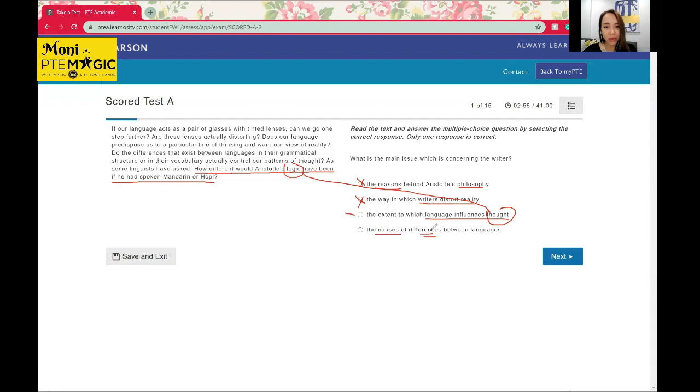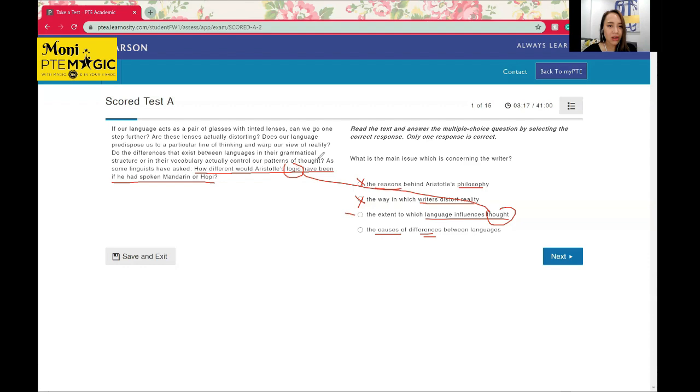And the last one, the causes of differences between languages. I don't think it really mentions the causes of differences between languages. Here it says, do the differences that exist between languages in the grammatical structure or in the vocabulary actually control our patterns of thought?